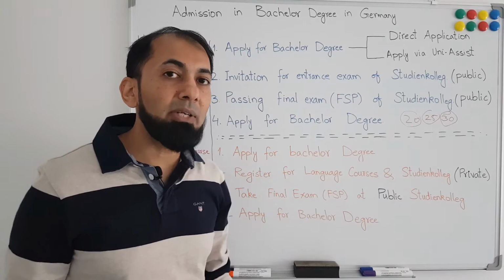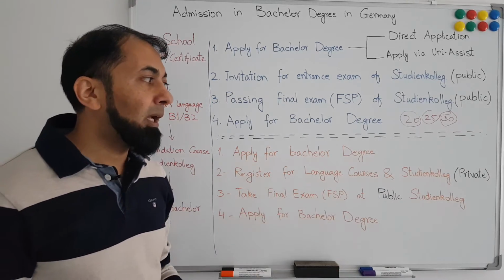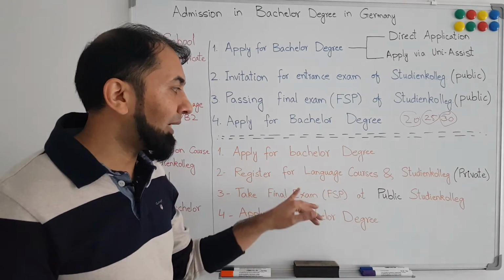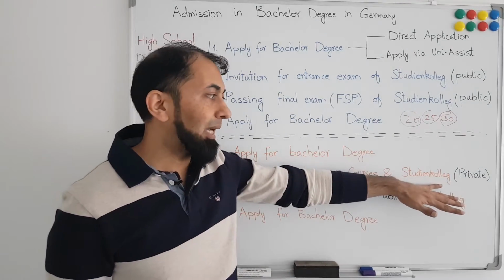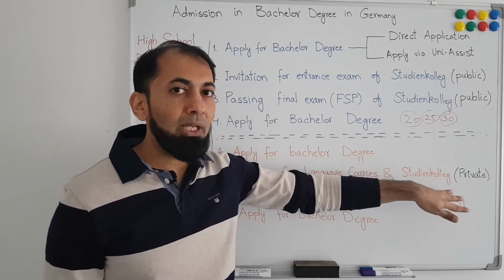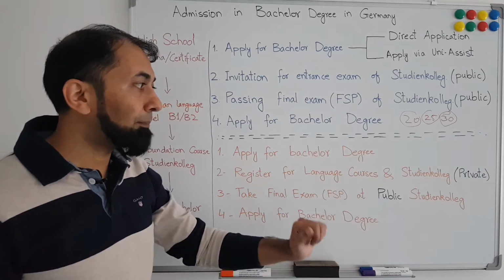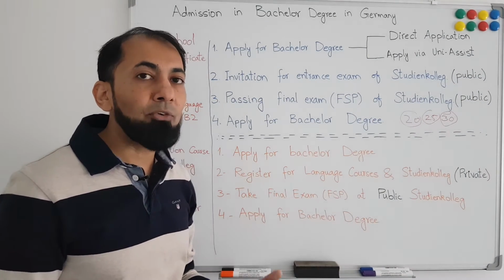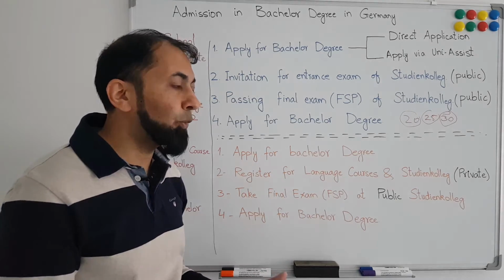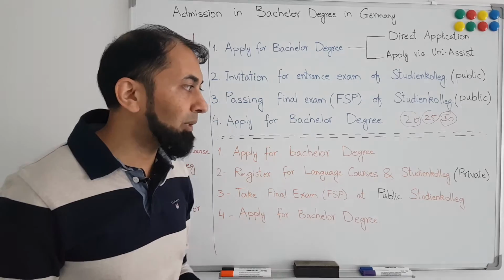There are a number of private institutes which are offering foundation course and language courses, so you can complete there. And the advantage here is that there is no entrance exam at the Studienkolleg or foundation course if you do it at a private institute, but you have to pay a fee, and that fee may vary from one institute to another. Roughly it's around 4,000 to 6,000 euros.